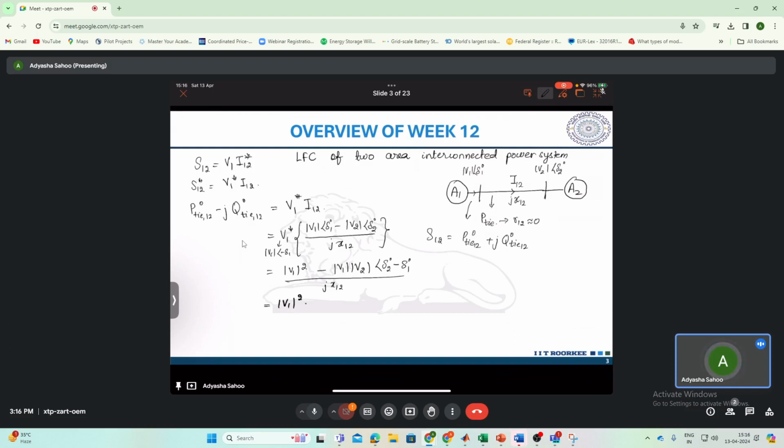V1 squared minus V1 V2 times cos of delta 2 naught minus delta 1 naught plus j sine of delta 2 naught minus delta 1 naught, divided by jX12.